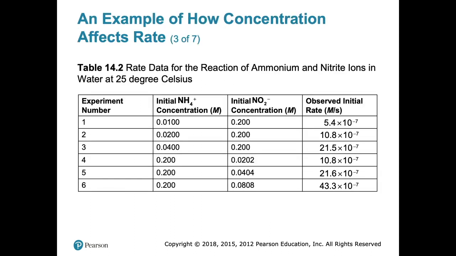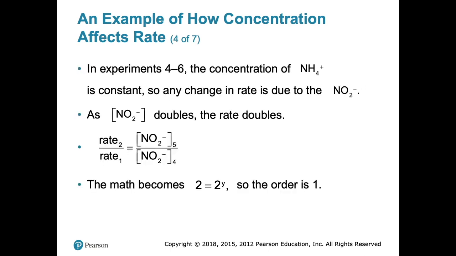Okay. Let's do the same thing again now, but instead of a second ago when we saw the numbers for changing ammonia, now let's look at the numbers for changing nitrite, doubling nitrite. Here, ammonia stays constant, so any change is due only to the nitrite concentration.